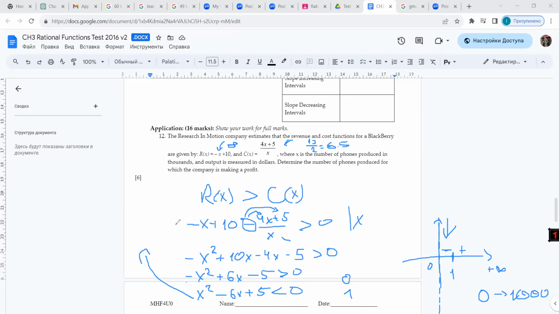Now I need to solve this quadratic function. Use the discriminant, b squared minus 4ac. B squared is 36 minus 20, because 4a times c, which is 5, is 20. So 16, which gives us the square root of the discriminant, which is 4.